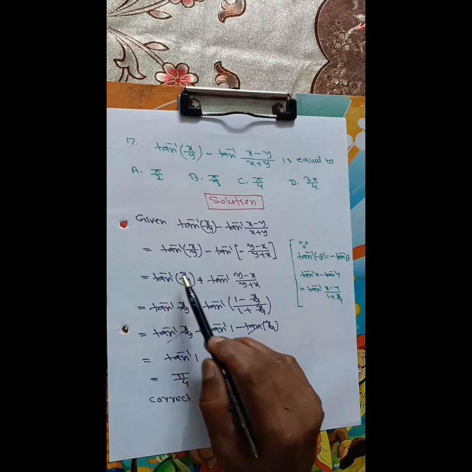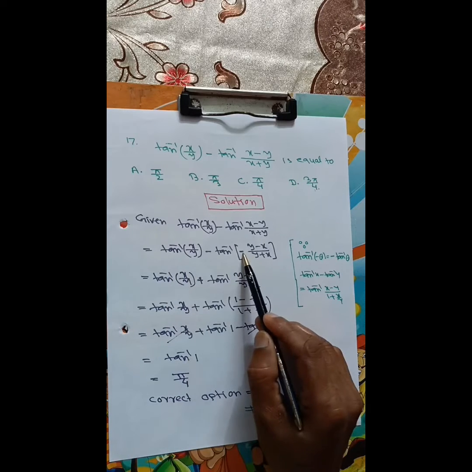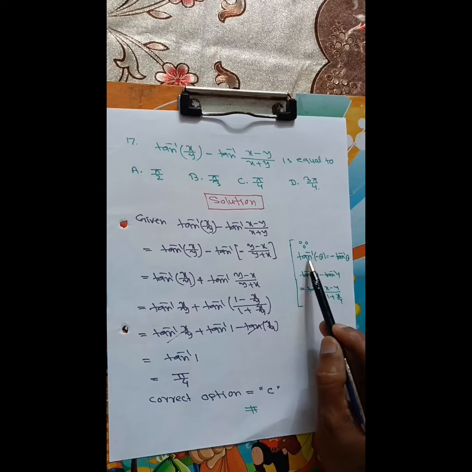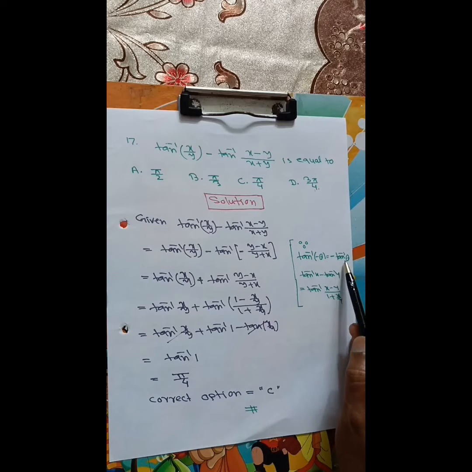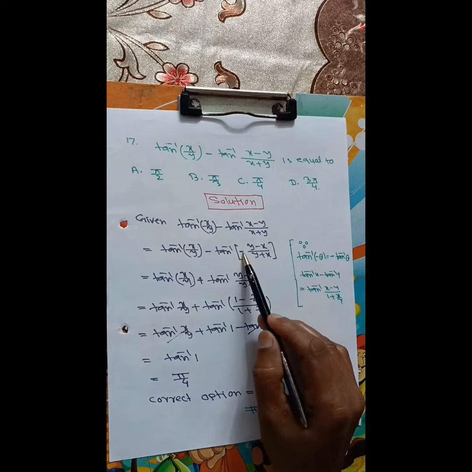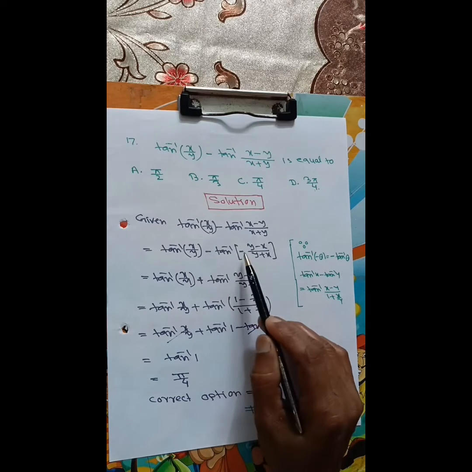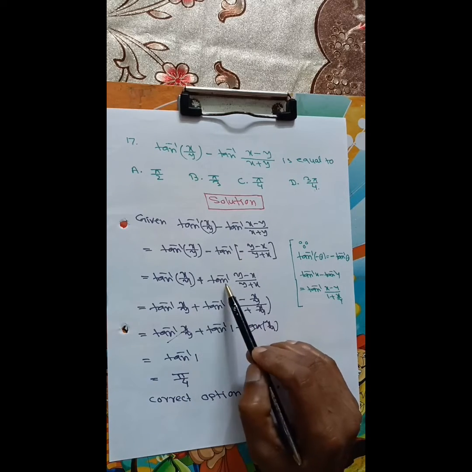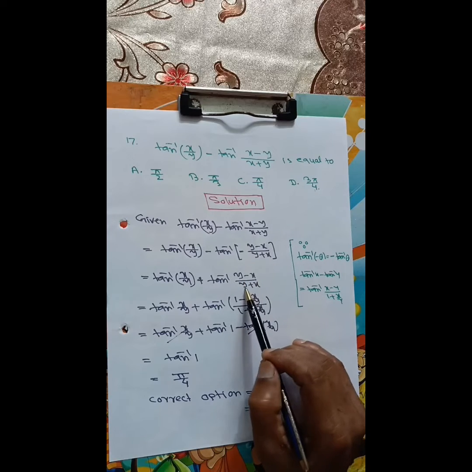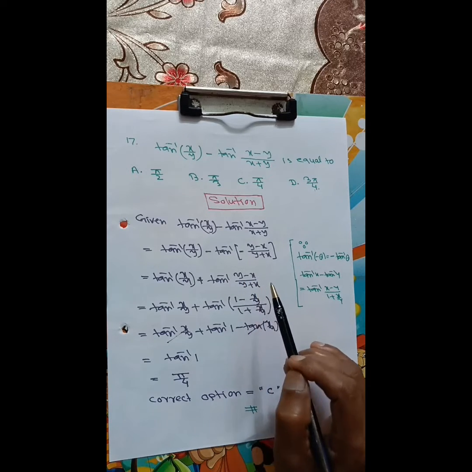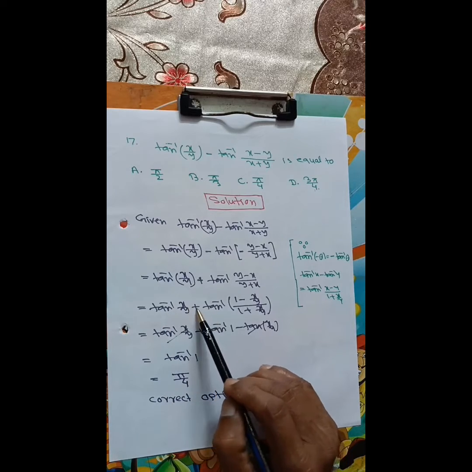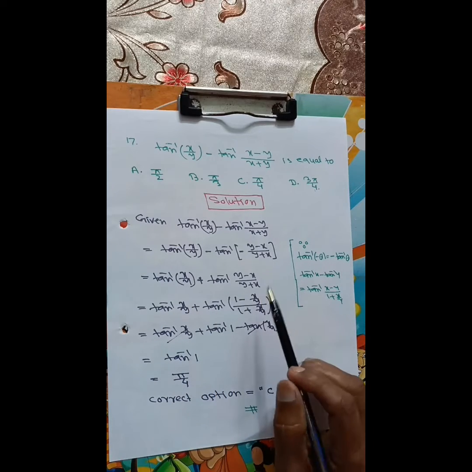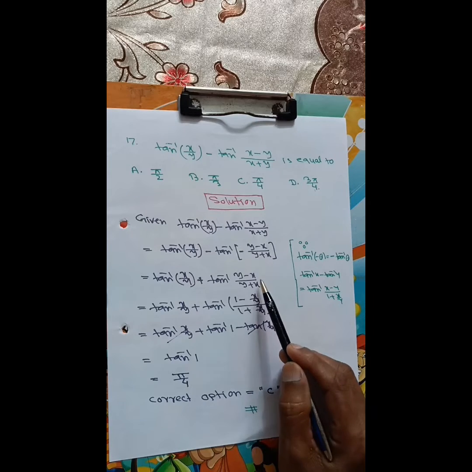Using this formula, tan inverse of minus theta is equal to minus tan inverse theta. So minus comes out, minus and minus become plus, then we get tan inverse x by y plus tan inverse of (y minus x) by (y plus x).